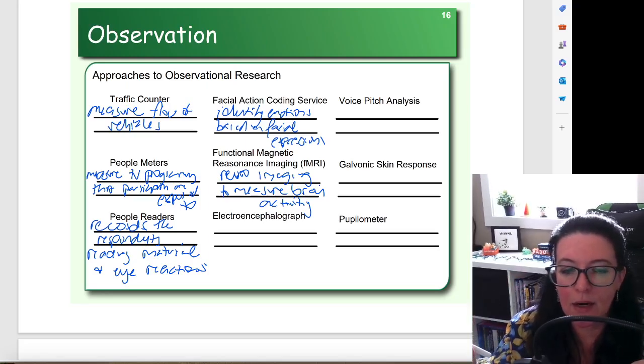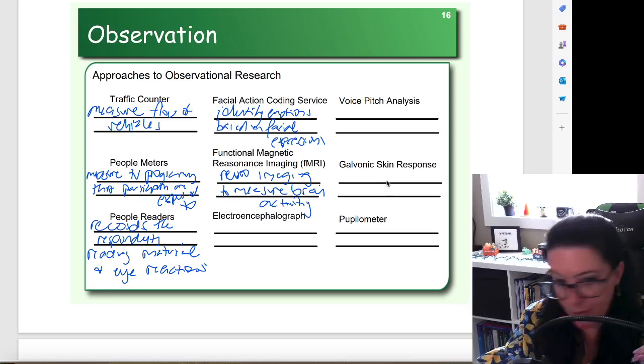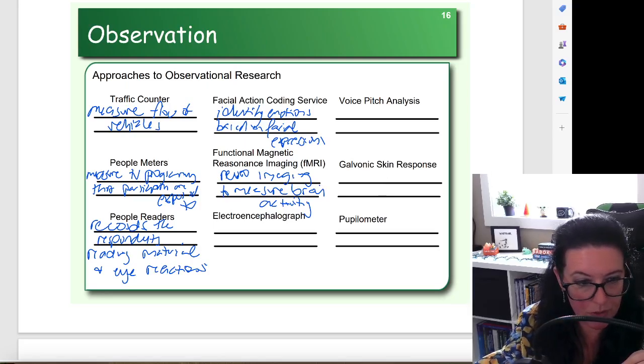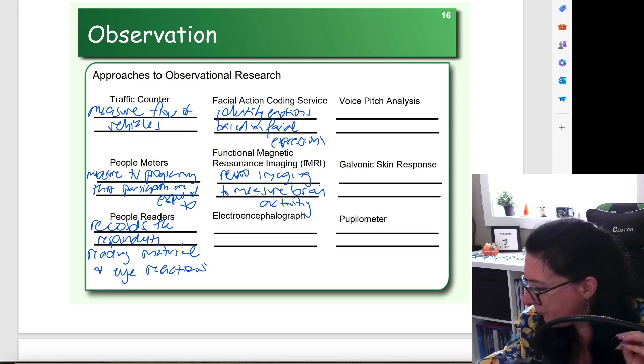So the idea here with the fMRI, and we'll show you an image of, do I have a picture of that? Maybe I don't. Oh yeah, here I do. Okay.